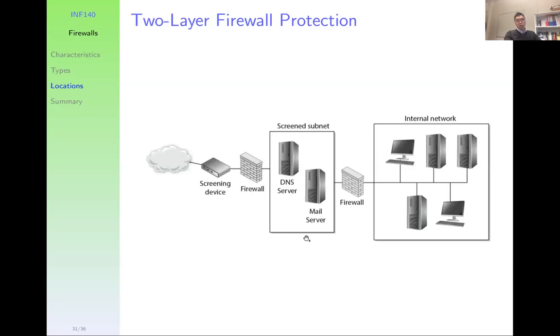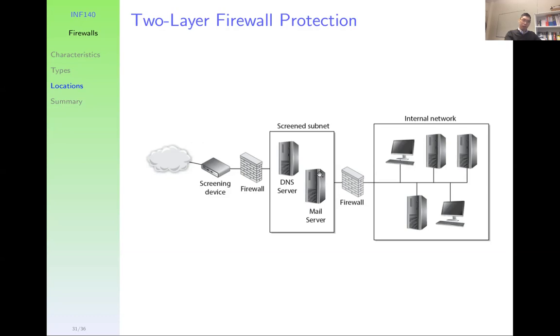One is for the public-facing part of the network, as we have seen in the previous slide, that the mail server or the web server, DNS server, these services are supposed to be accessed by the public, but still they want to control that only certain types of incoming traffic can access these services.